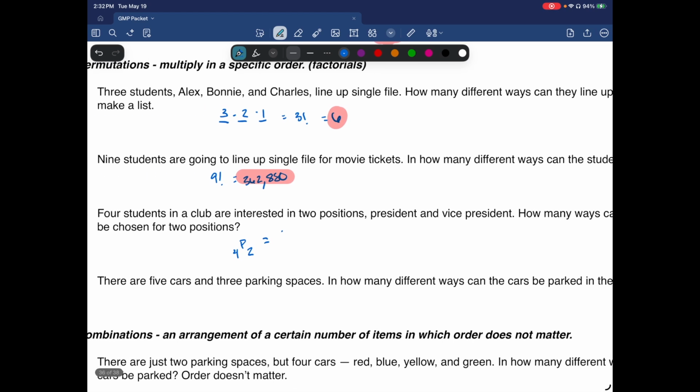Using the formula, I have 4 factorial over 4 minus 2 factorial. So that's 4 factorial over 2 factorial. If I break that out, that's 4 times 3 times 2 times 1 over 2 times 1. I can get rid of what they have in common, the 2 and 1, so this is simply 4 times 3, which is 12.